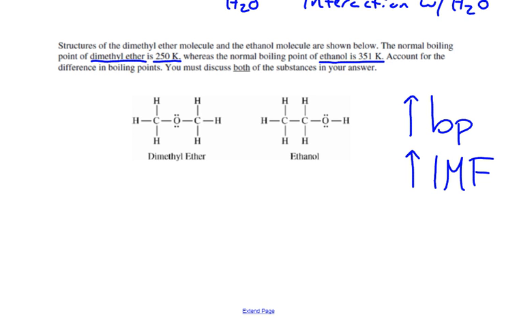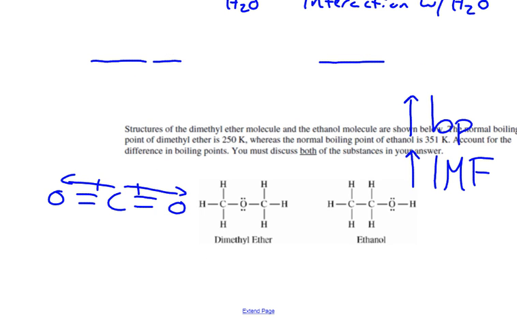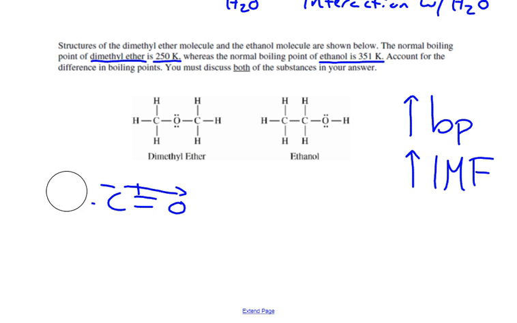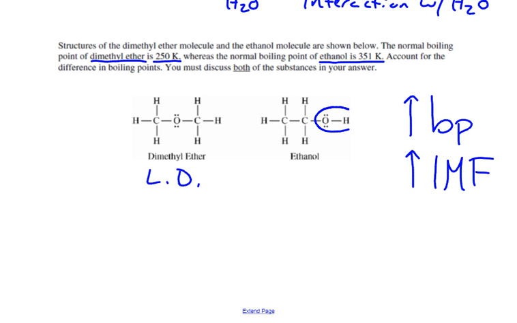If dipoles cancel out, they don't exist. CO2 is a great example. Non-polar. They cancel out. So these are London. What's this one? Definitely an H bond.